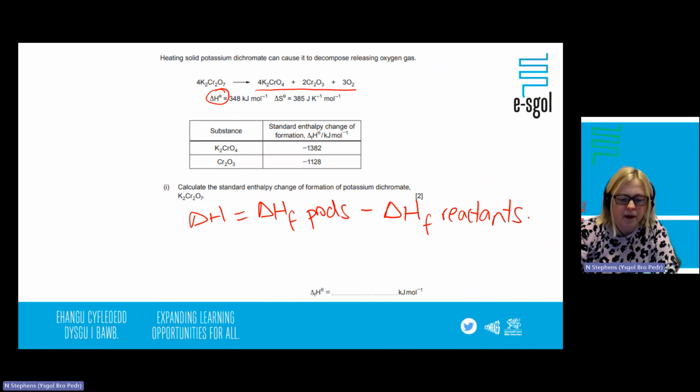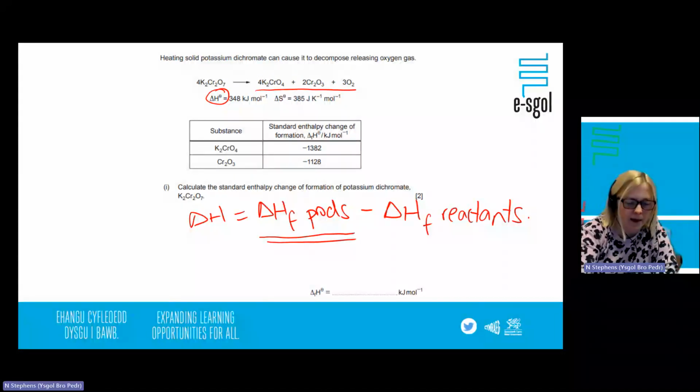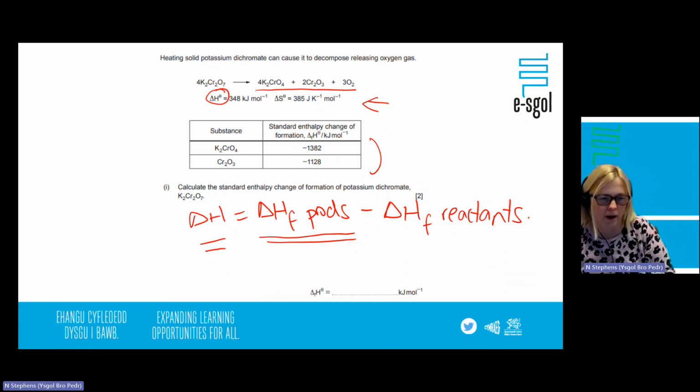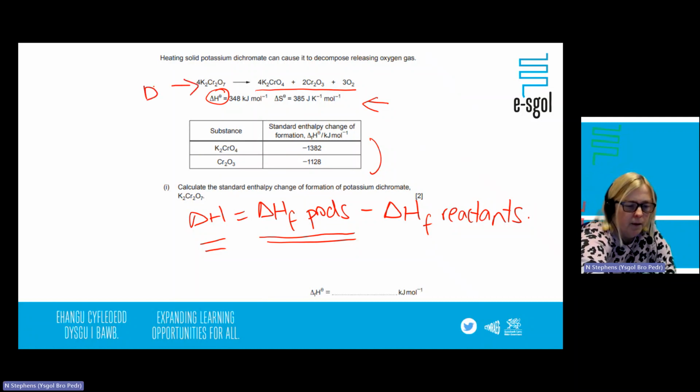Okay, so being that you've actually been supplied with all of this data, either in the tabulated data, or as you can see here, they've given you the overall enthalpy of reaction. With a simple rearrangement of that equation, you should be able to work out the formation enthalpy here.